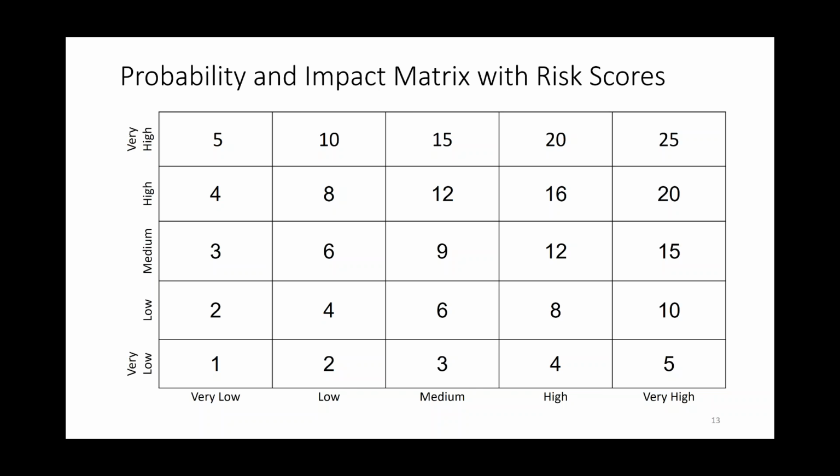Very low is 1. So in this way, you could say any risk that is 4 or below, I'm going to consider to be a low risk. Anything that is between 5 and 10 is a medium risk, and anything greater than 10 is a high risk. So I can quantitatively draw my lines of demarcation or my lines in the sand of what is considered a medium risk or a high risk based on a numeric structure. So that's the usefulness of doing this.